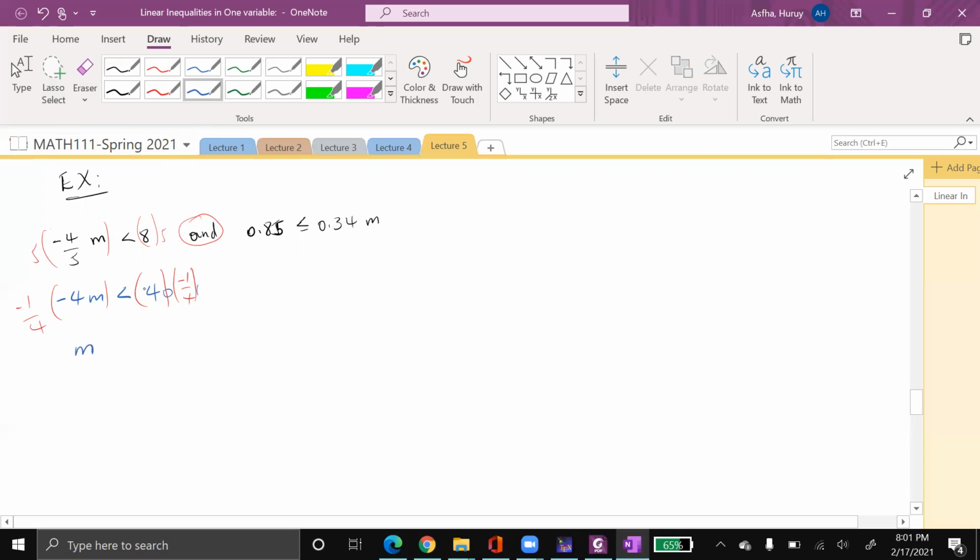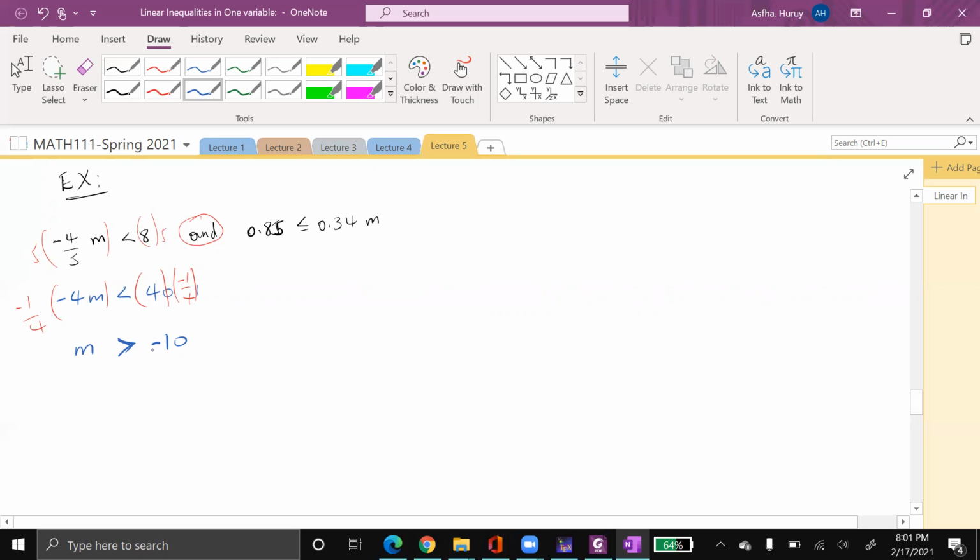This is m, and this is negative 10, 40 times negative 1 over 4. How about this one? The inequality now, we reverse it. It faces the other way, to the left side. Therefore this is m greater than negative 10.